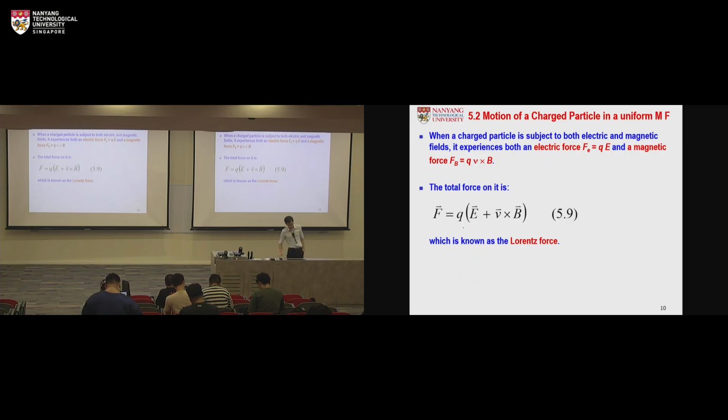And if on top of the magnetic force there is also an electrical force, then for any charge we may have two forces, one electrical force and another magnetic force.